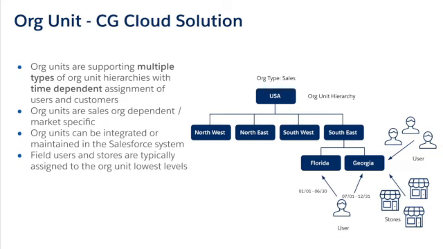And this is a huge challenge in our industry, because the user must be able to execute the visits based on the current assignment to Florida. But at the end of the period, he must be able to see the data for Georgia. And our solution is handling these flexibilities.